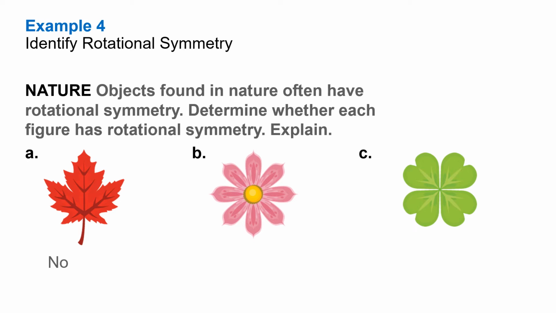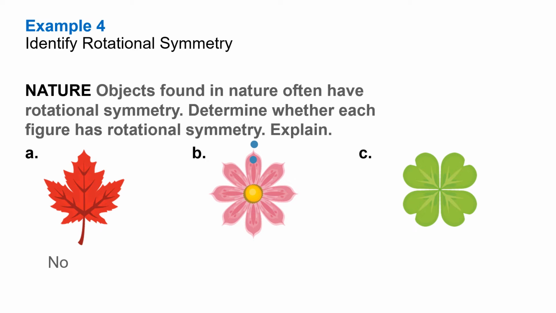Let's look at figure B. It is a flower that has 8 petals, and the petals appear to be the exact same. So let's rotate it and see what happens. Yes, if you rotate it less than 360 degrees, it will map onto itself.